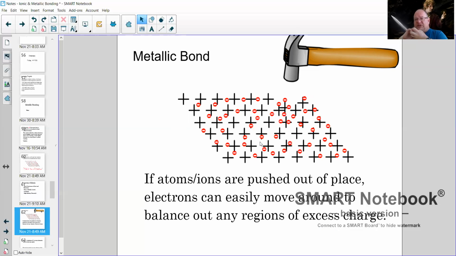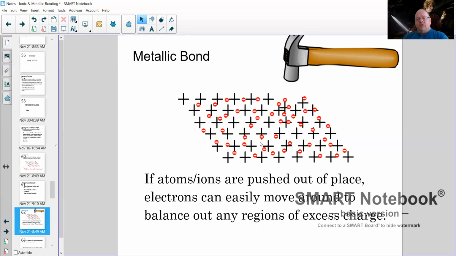And it's all being held together strong enough that it takes a lot of energy to separate these somewhat and turn them into a liquid, and certainly a lot more energy to turn them into a gas. The stronger the attraction between the particles, the higher the melting point.